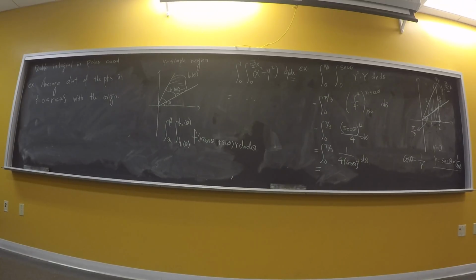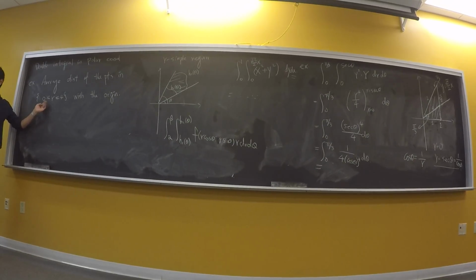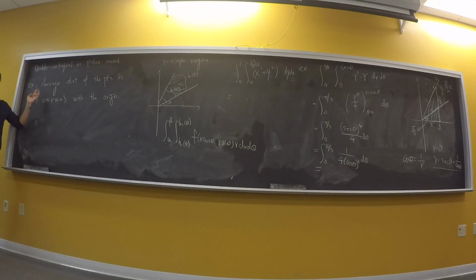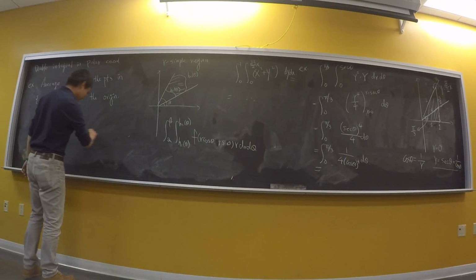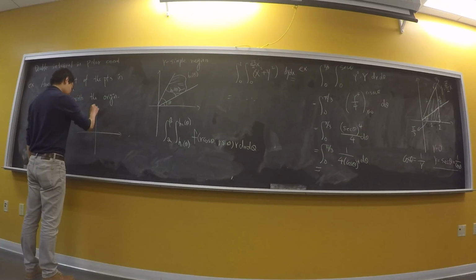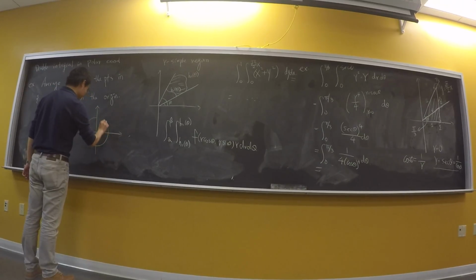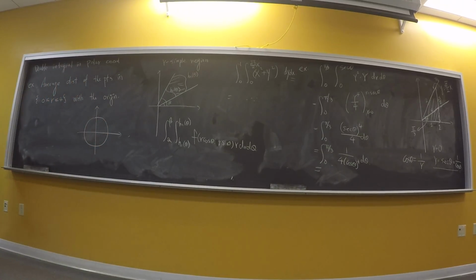So the average distance of the points in 0 less than or equal to r less than or equal to 4 with the origin. First of all, if I look at this region, now we should be pretty smooth about what this region is. This is a disk, center at 0 with radius 4. So this is nothing but a disk, center at 0 with radius 4.